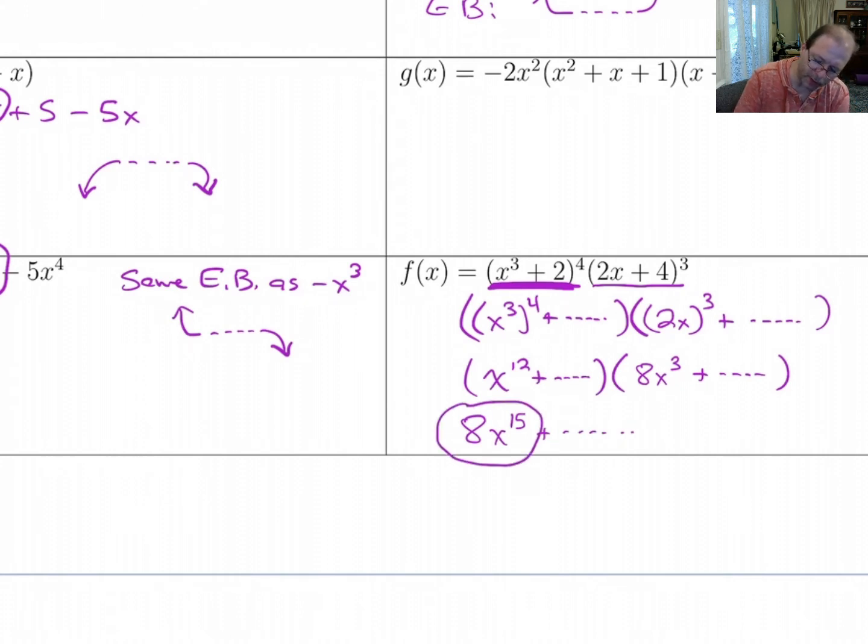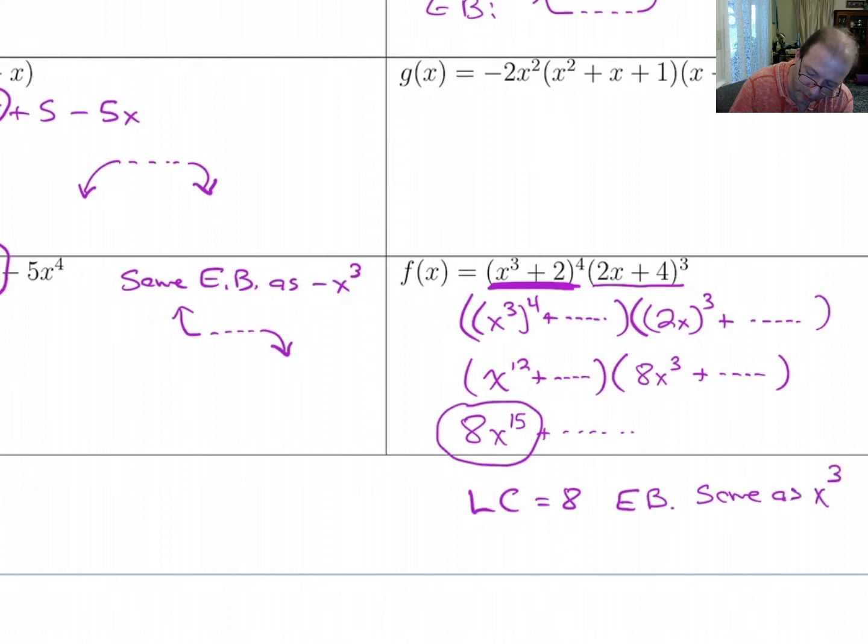I'm not worried about what those smaller terms are because all I was asked for here was what's the leading coefficient and what is the end behavior. So the leading coefficient here is 8. And the end behavior is going to be the same as x cubed. And x cubed does this. Oh wait, no. X cubed does this.